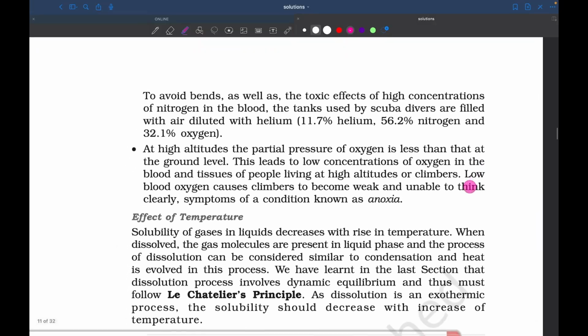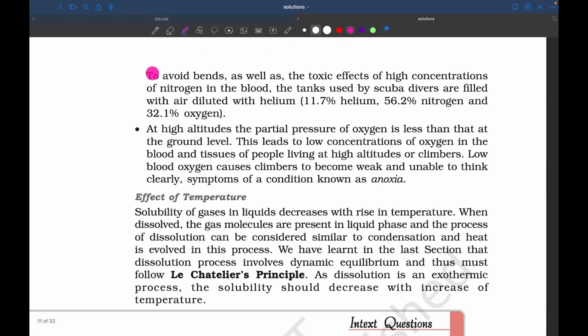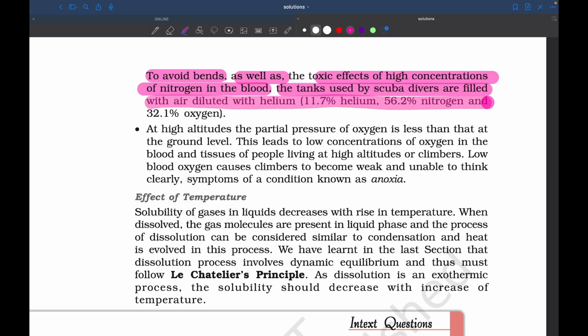So to avoid bends as well as the toxic effects of high concentrations of nitrogen in the blood, the tanks used by scuba divers are filled with air diluted with helium, nitrogen and oxygen in this composition.